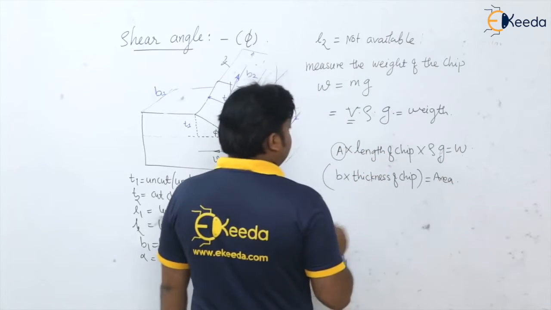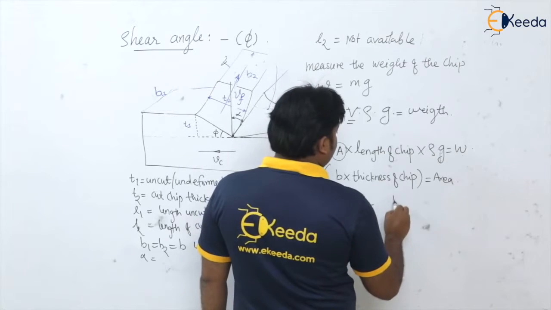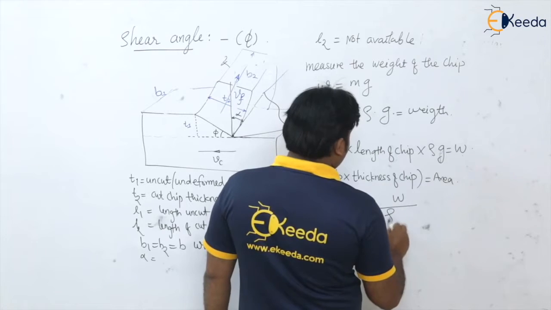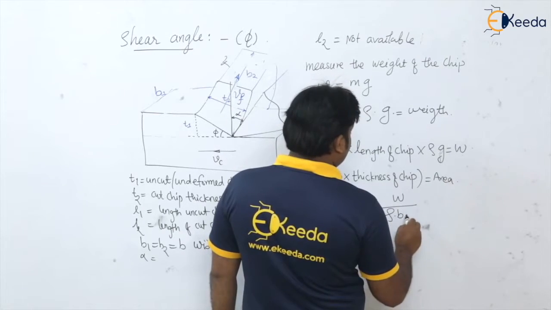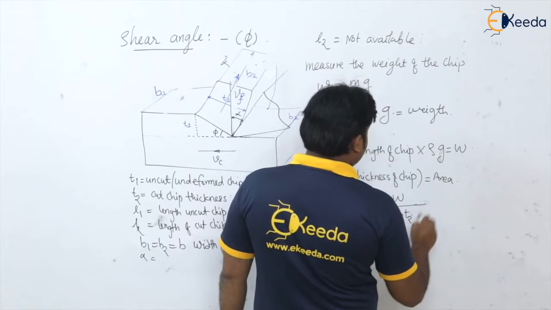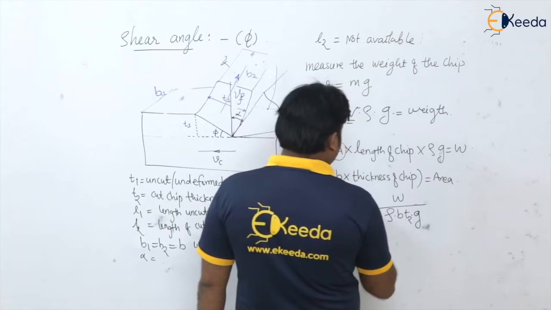So you can write the length of the cut chip L2 is equal to W divided by rho into B into T2 into g, isn't it?